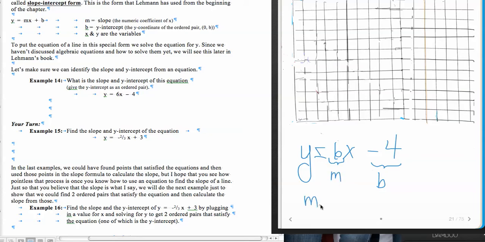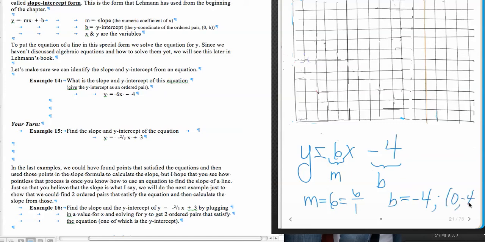So m is equal to a positive 6. And remember that when we say positive 6, what we really mean is a rise of 6 to a run of 1. And then our y-intercept, our b, is equal to a negative 4. And remember, I really do prefer those given as an ordered pair, as (0, negative 4).